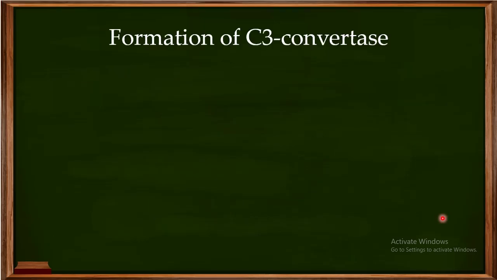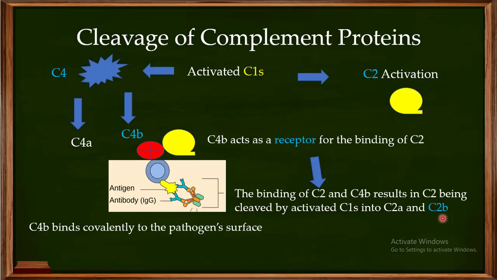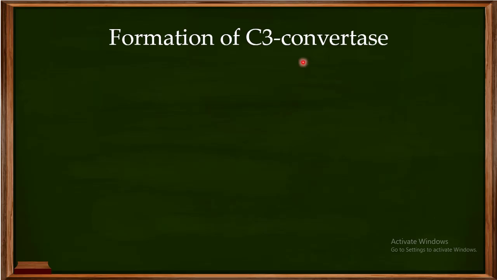Now, in this particular image, when you get this C2b, you are going to talk about the other complex, which is known as the C3 convertase. How this C3 convertase is formed, and what the functions of the C3 convertase are, we will talk about in the next video.